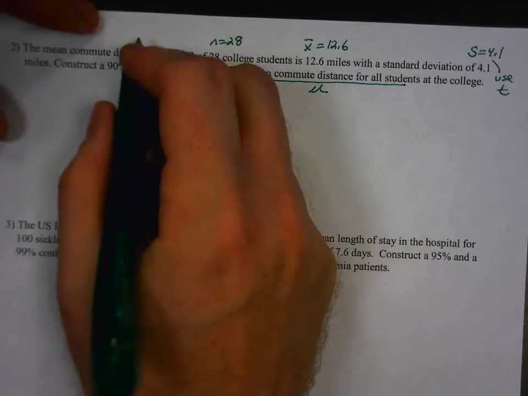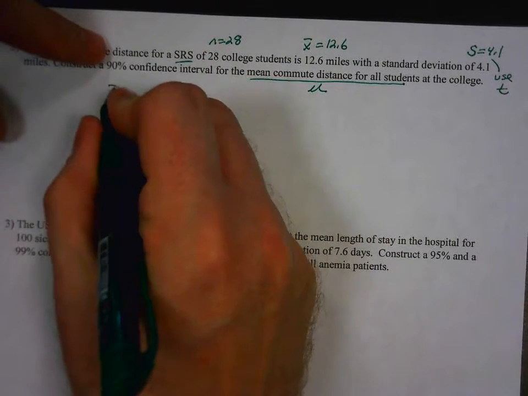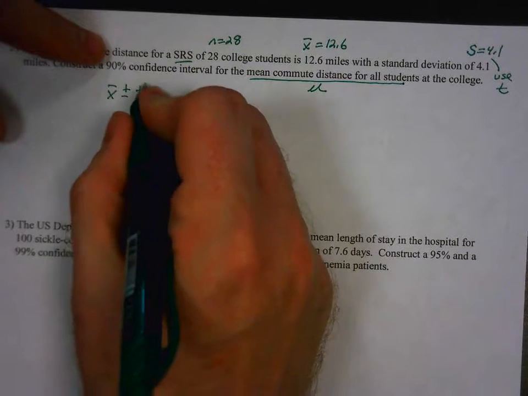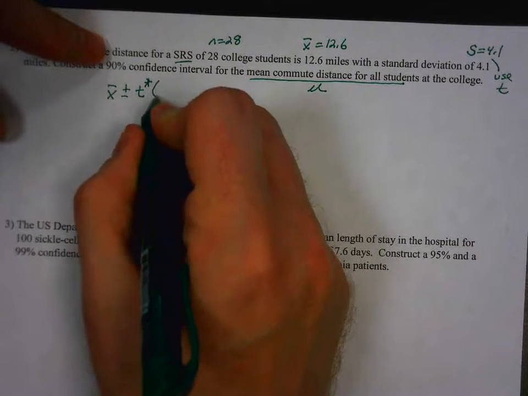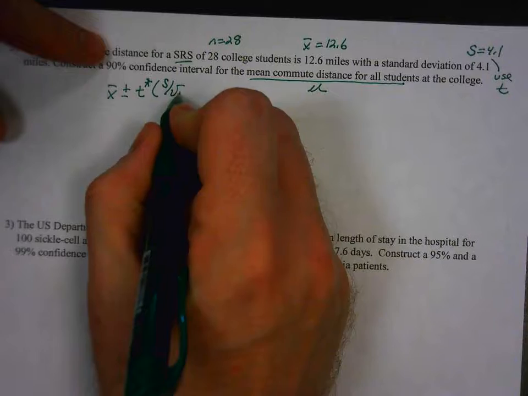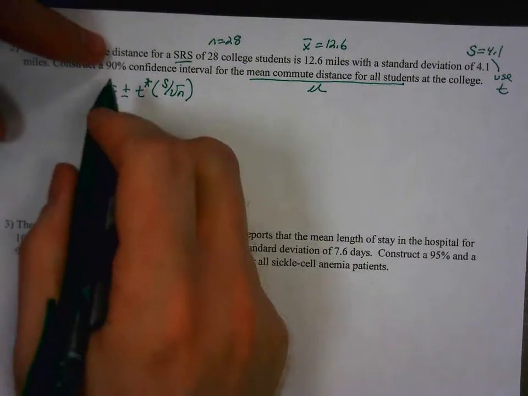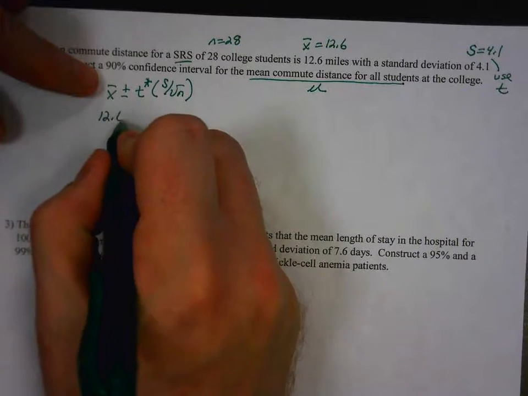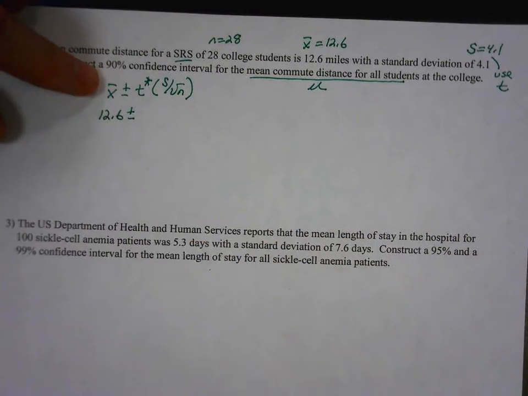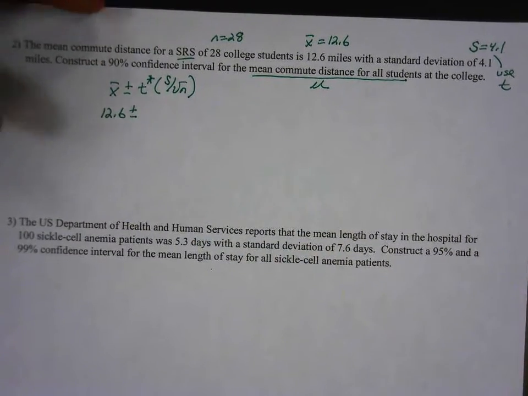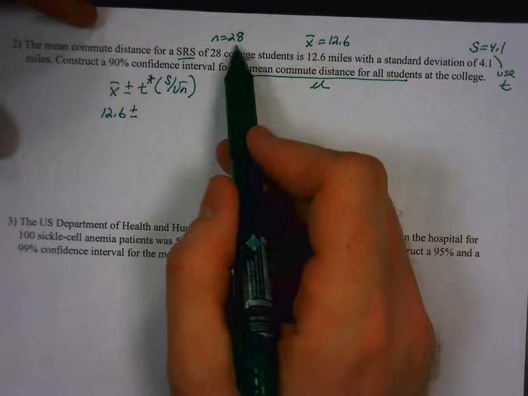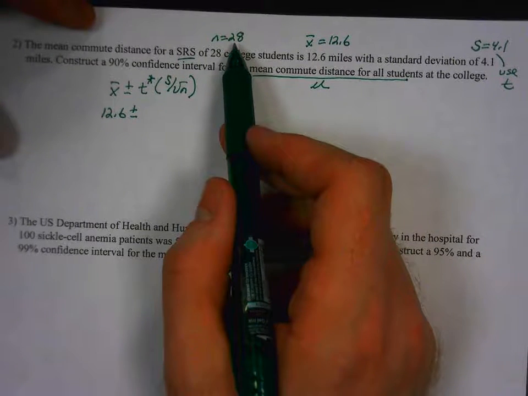Okay, so for the 90% confidence interval, we're going to take x bar plus or minus t star times s over the square root of n. Plugging in our values, x bar we know is 12.6, plus or minus our t star value. For t star, we have 27 degrees of freedom, because 28 minus 1 gives you 27.